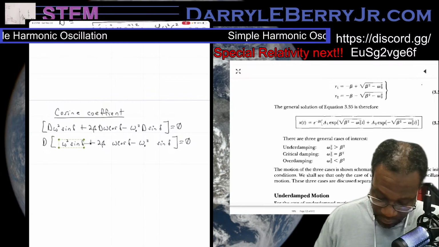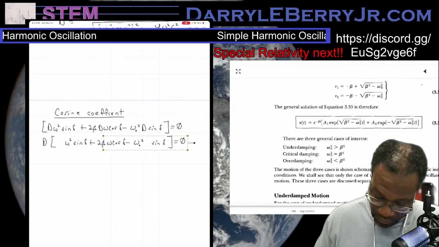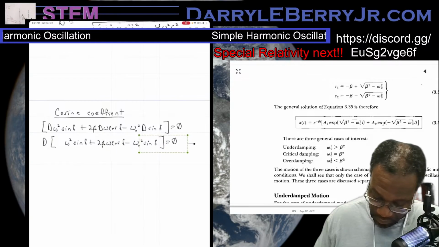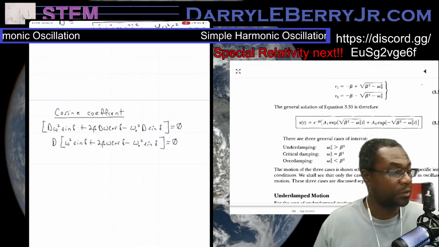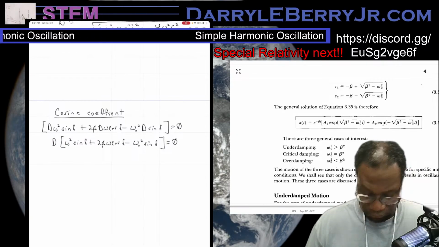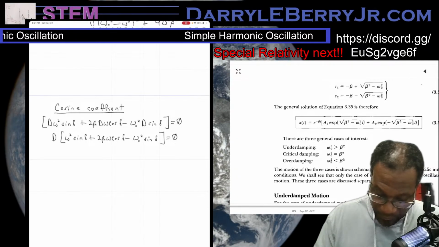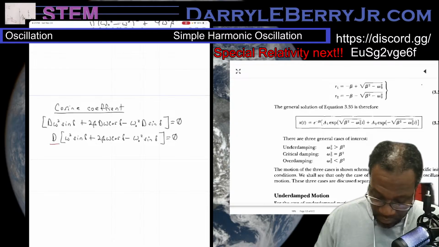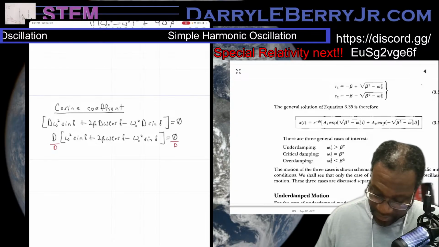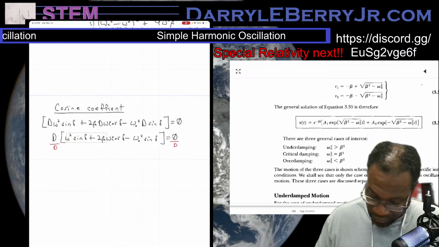With this. Like so. And we already know what D is. We don't have to really focus on it anymore. So if I divide both sides by D, I end up with this equals 0.